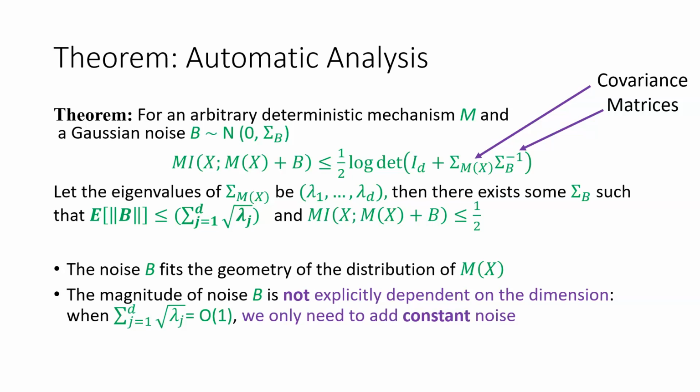More importantly, this theorem shows the optimal noise you need to produce a fixed mutual information upper bound. This noise scale is determined by the sum of the square root of the eigenvalues. In other words, if your output distribution is largely concentrated in a low-rank space, we can add just O(1) noise to give you a very strong PAC privacy.